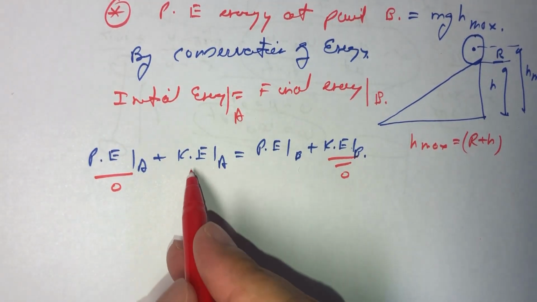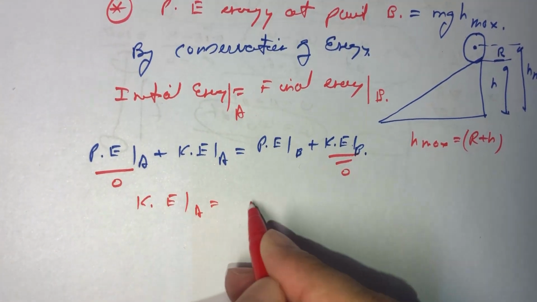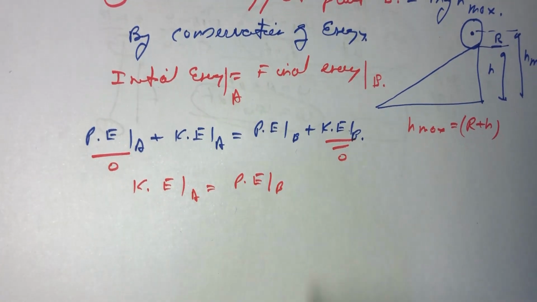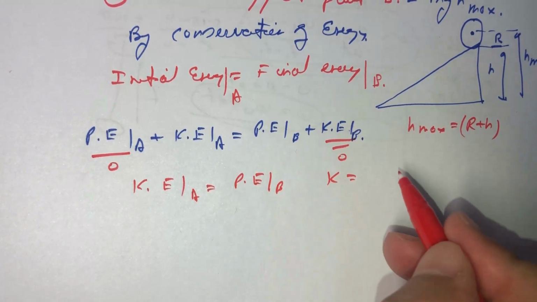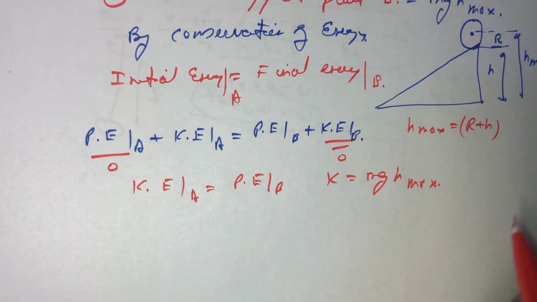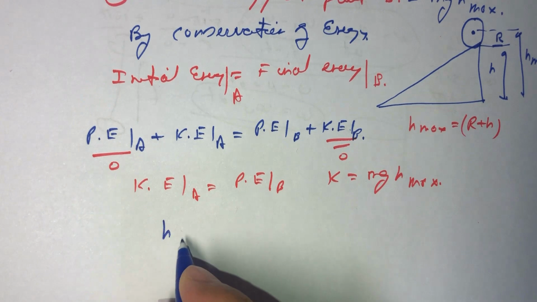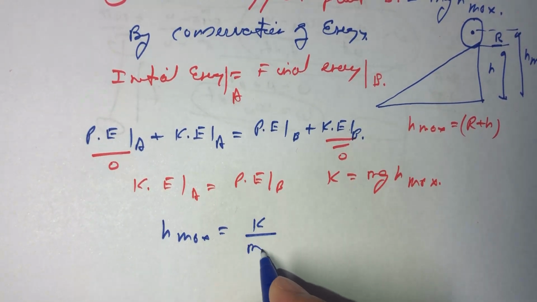So we get kinetic energy at A will be equal to potential energy at B, and kinetic energy at A is given as K and potential energy is given as mg h max. So from here we can say h max will be equal to K upon mg.